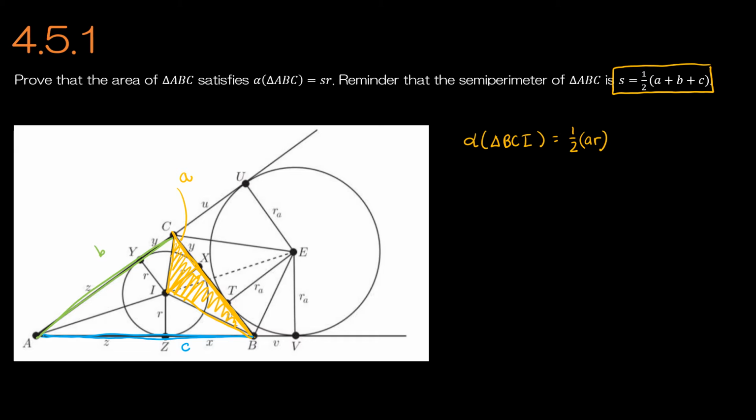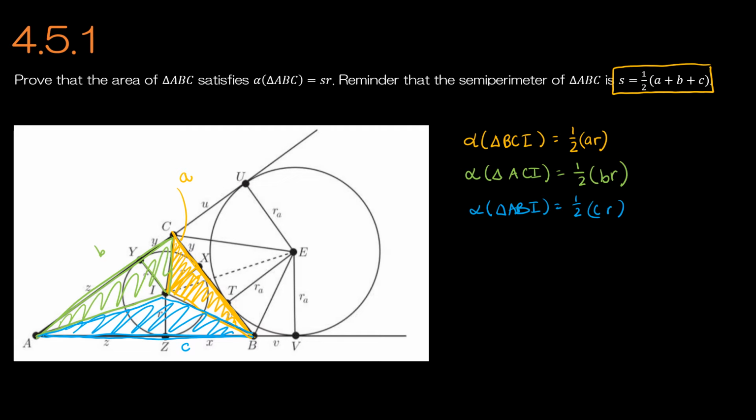I also know that the area of this green triangle, which is triangle ACI, is 1/2 b, and again, r. And similarly, I'm going to look at the blue triangle. So the area of triangle ABI is 1/2 cr.